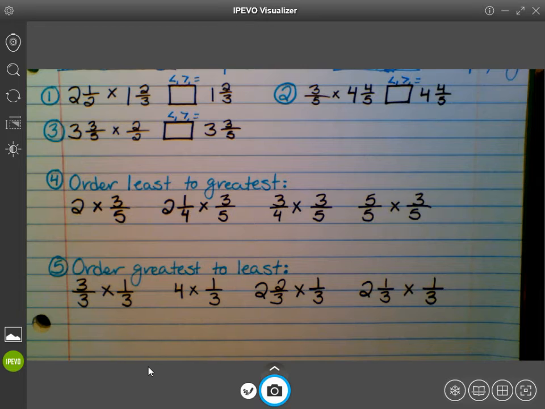All right, ready to rock? On the count of 3, I want you to tell me greater than, less than, or equal to for number 1. 1, 2, 3.